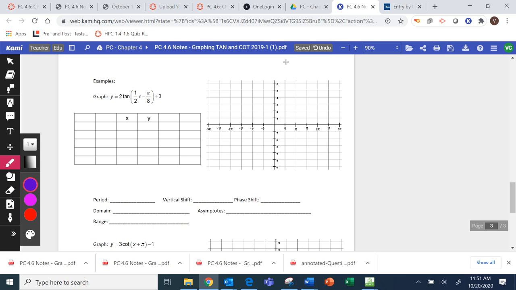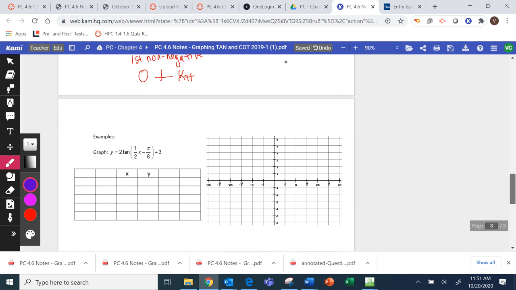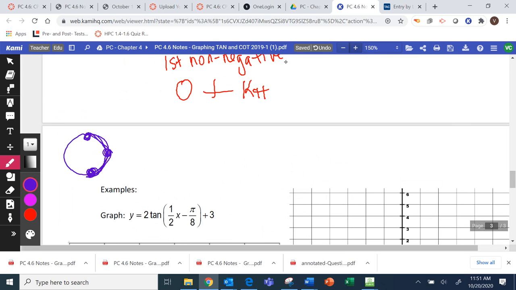So this very first example, we're doing tangent. So I have to remember that tangent is going to be these points. Tangent is going to go from negative pi over 2 to positive pi over 2.